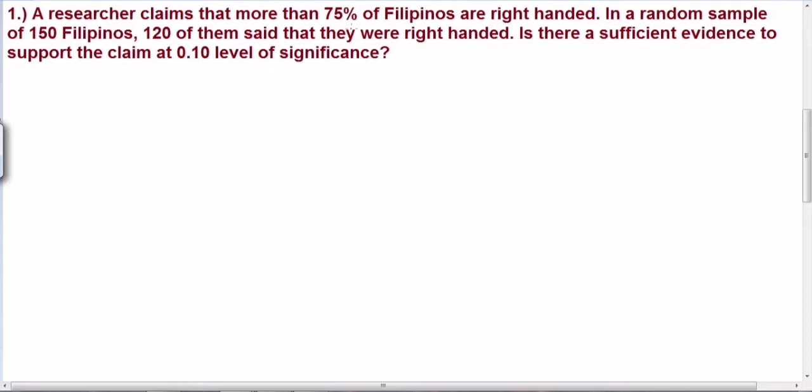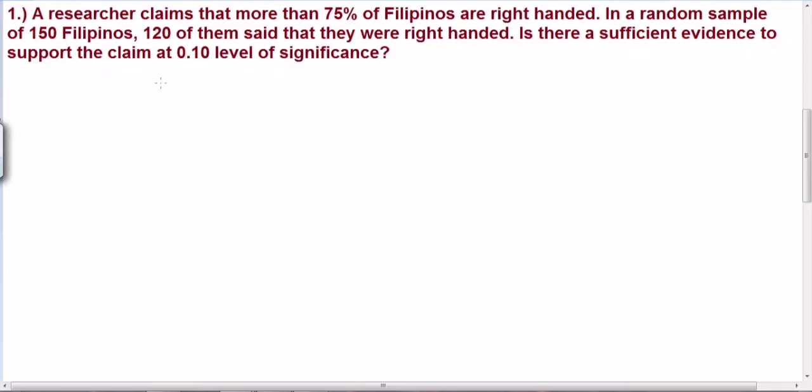At the same time, when you see a percentage sign of the hypothesized population, kasi minsan si level of significance, naka-percent din yan. So, kapag nakakita kayo ng percentage na hypothesized population size, ibig sabihin nun guys, you are dealing with proportion. Okay? So, ang gagawin nyo, hanapin nyo rito yung claim.